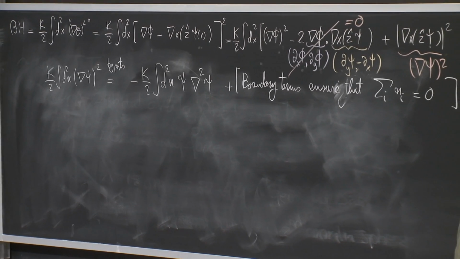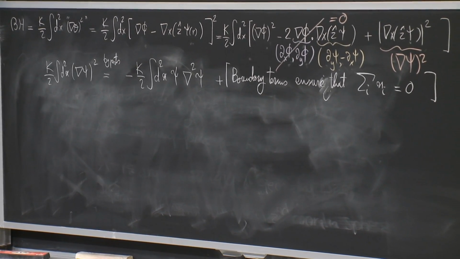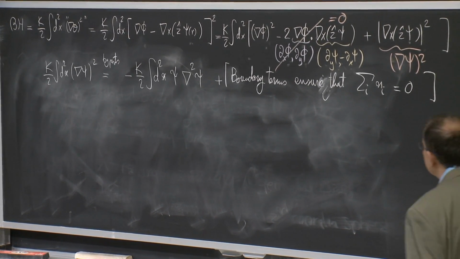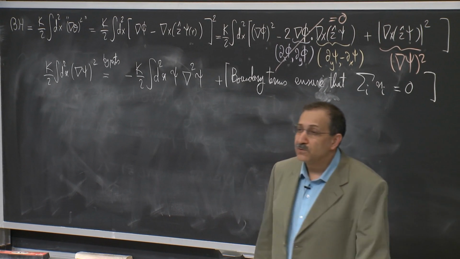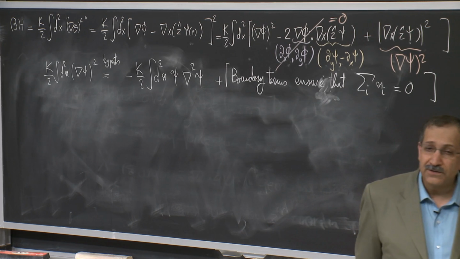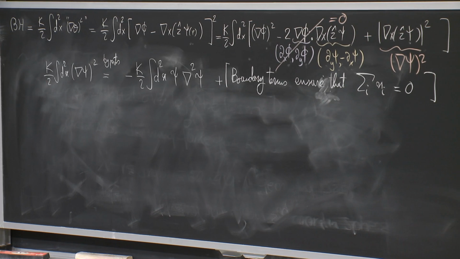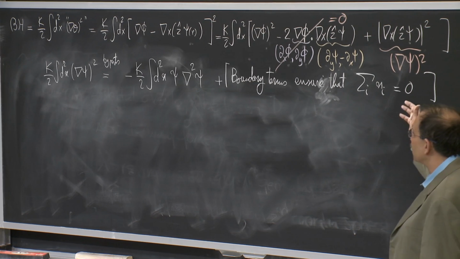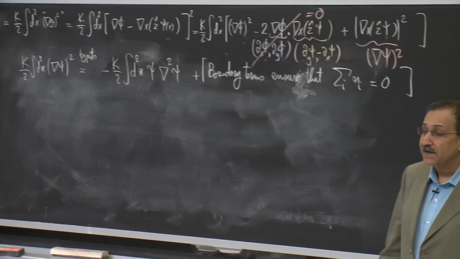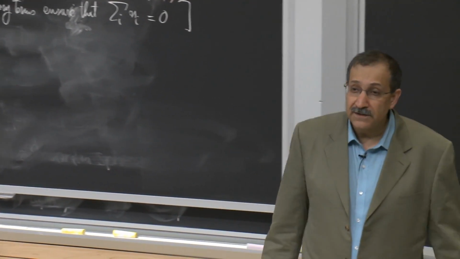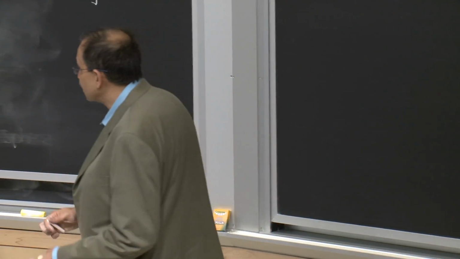Okay? So essentially, any configuration in which the sum total of our topological charges is non-zero will get a huge energy cost as we go to large distances from the self-energy, if you like, of creating this huge monopole. So we are going to use this condition and focus only on configurations that are topological charge neutral.